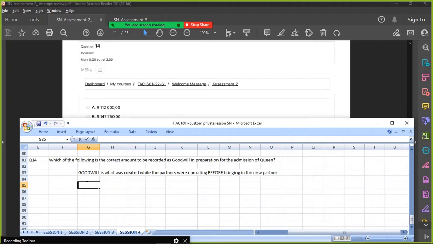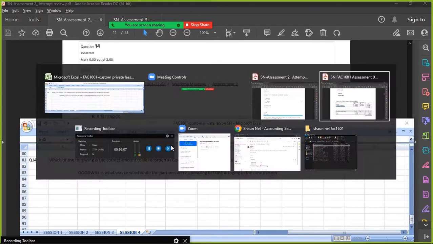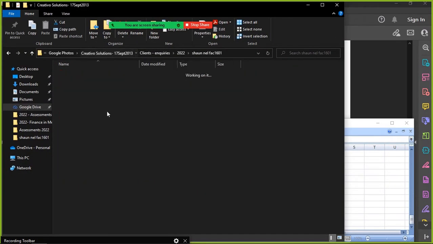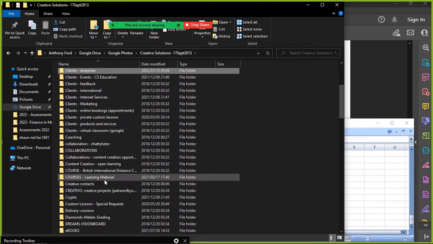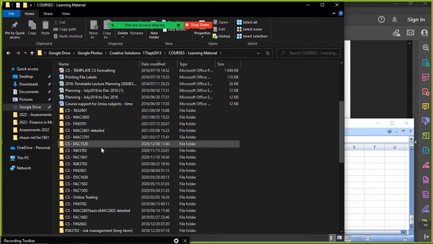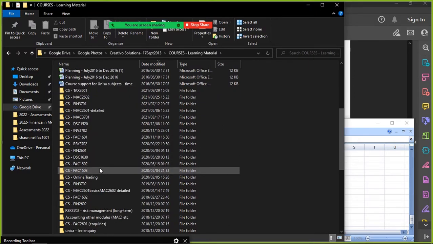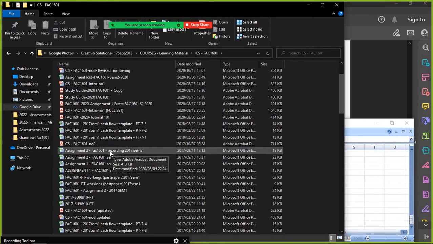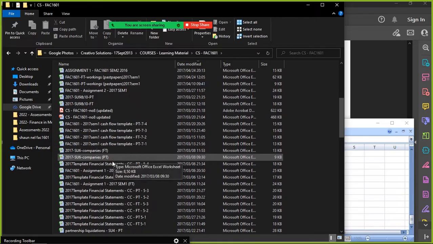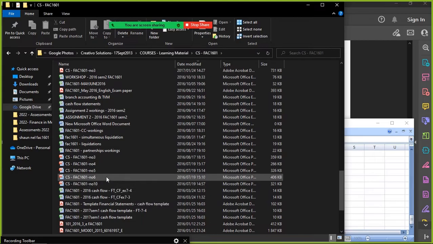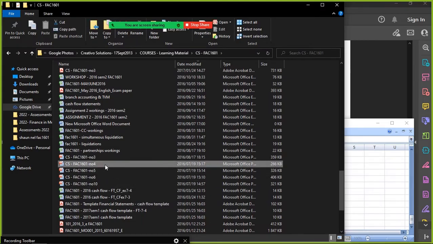I've got a nice slide on this. Let me show this to you quickly. This is 1601. This is partnership. This is a change in ownership. I think this is number 4.